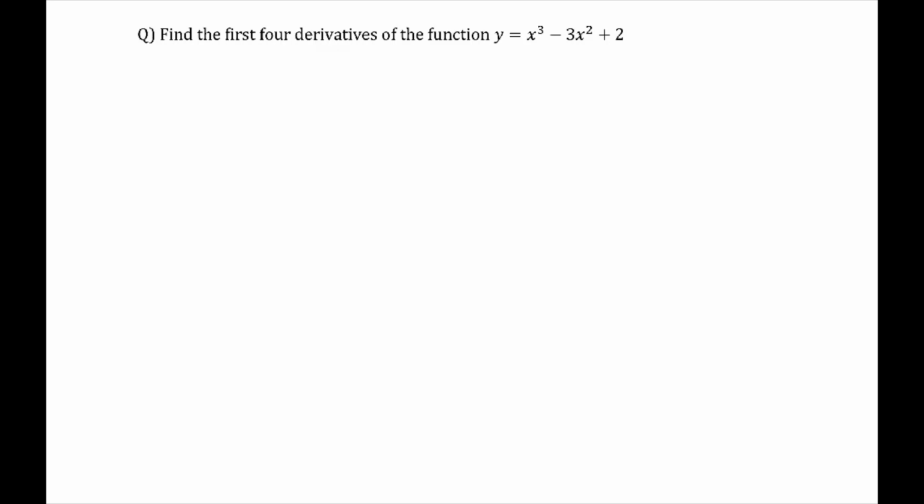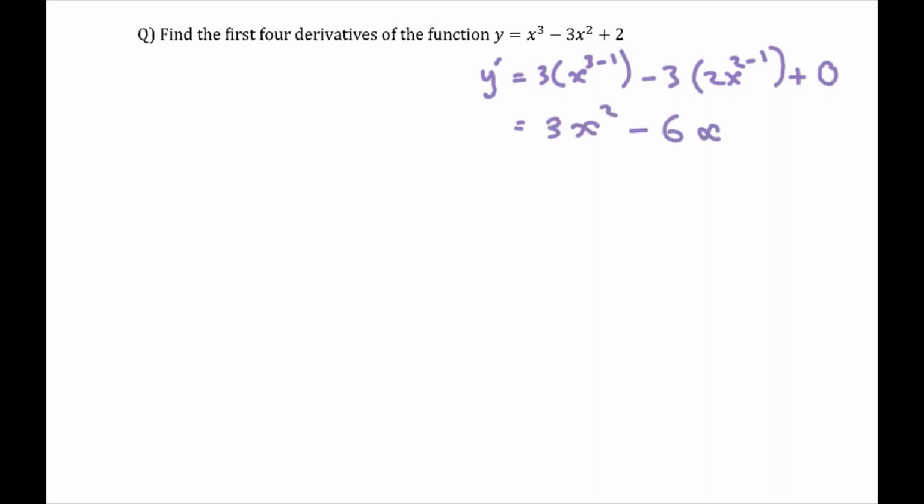Now, in this question, we need to find the first four derivatives. So let's start with the first one, which is y', and that's going to be equal to 3x to the power of 3 minus 1, minus 3 times 2x to the power of 2 minus 1, plus 0, which is equal to 3x squared minus 6x.